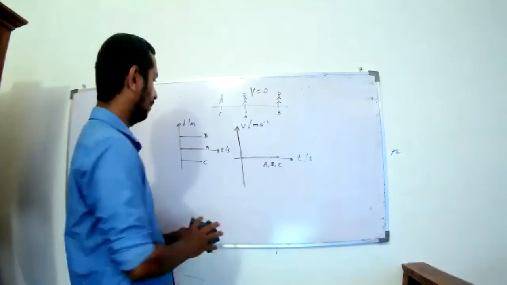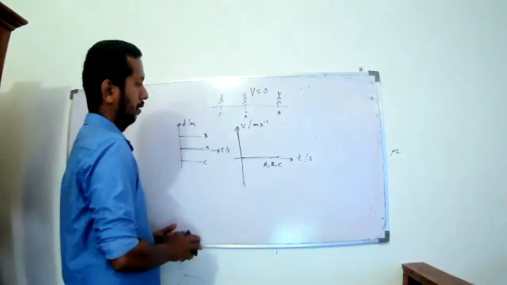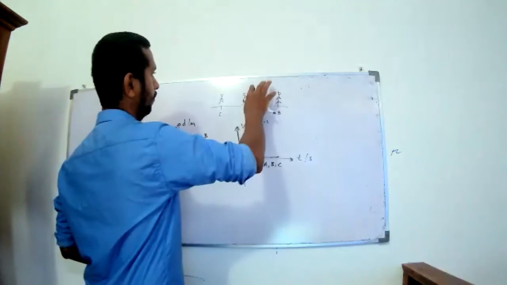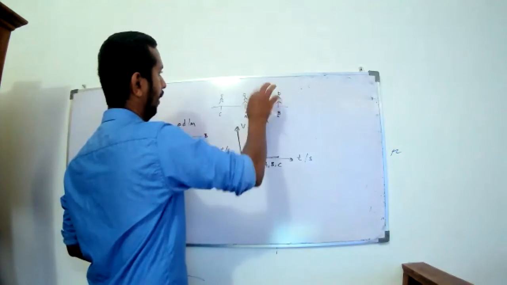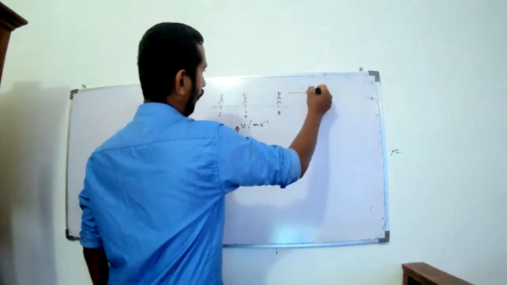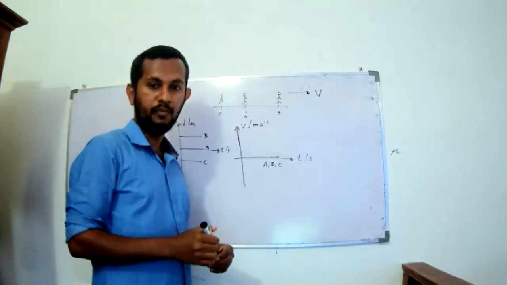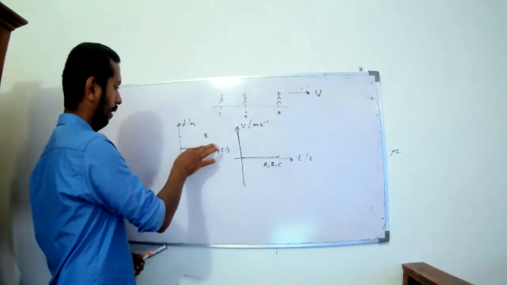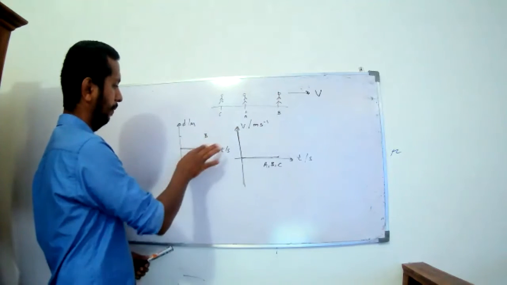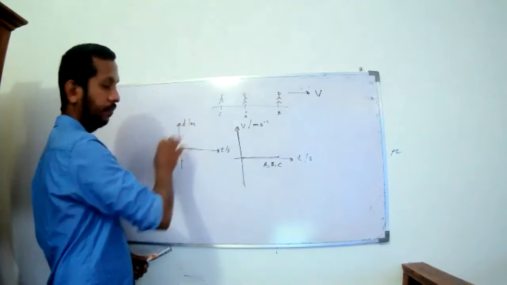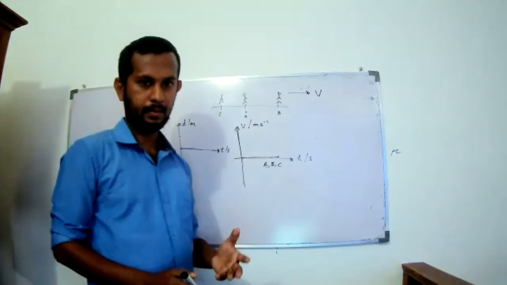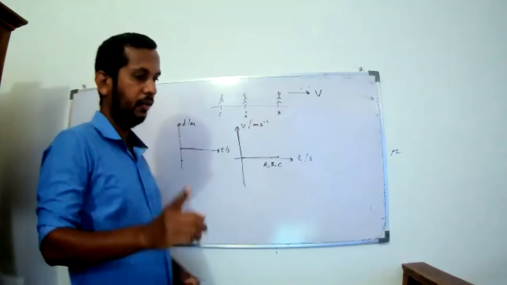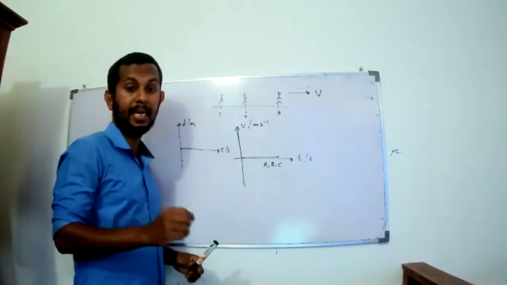The next case, a person moving towards the positive direction with uniform velocity. The person is here, going to the positive side with uniform velocity. First I am going to discuss again the velocity time graph.